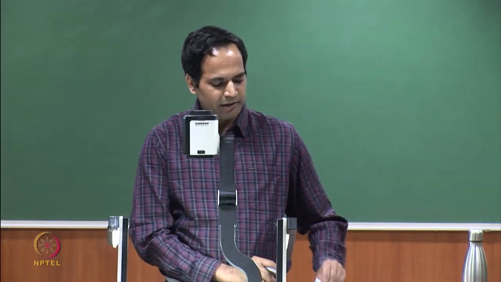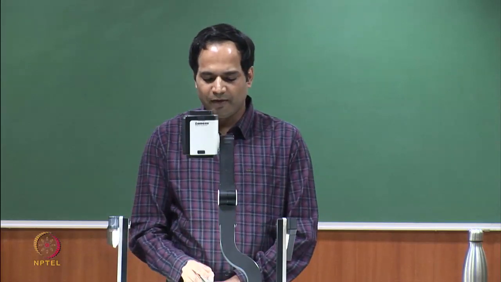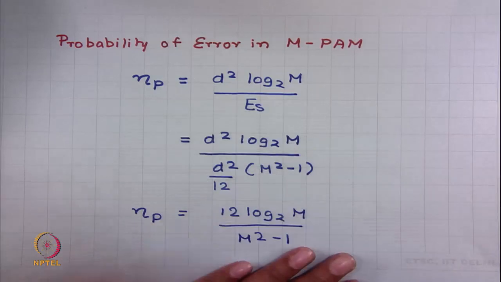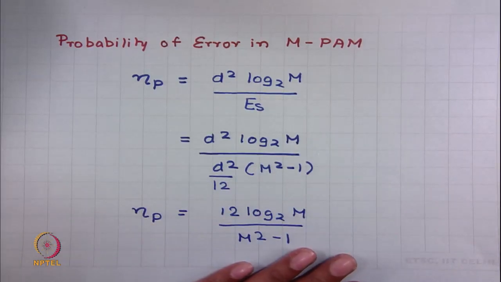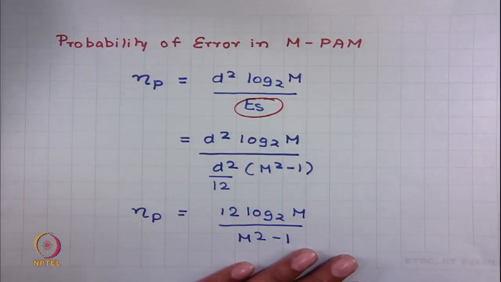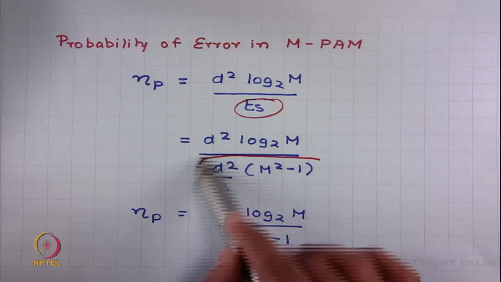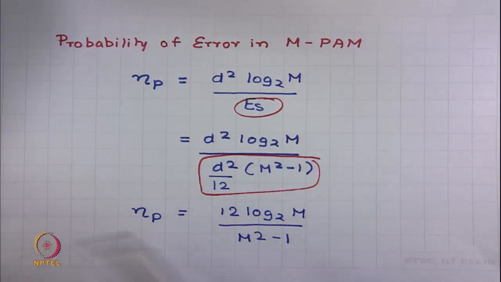In the same spirit, let us calculate the probability of error in M-PAM. Again it is simple. So, power efficiency is d square log 2 M by E s. E s we have calculated I think in lecture 26, which is this, and power efficiency thus can be easily calculated like this.